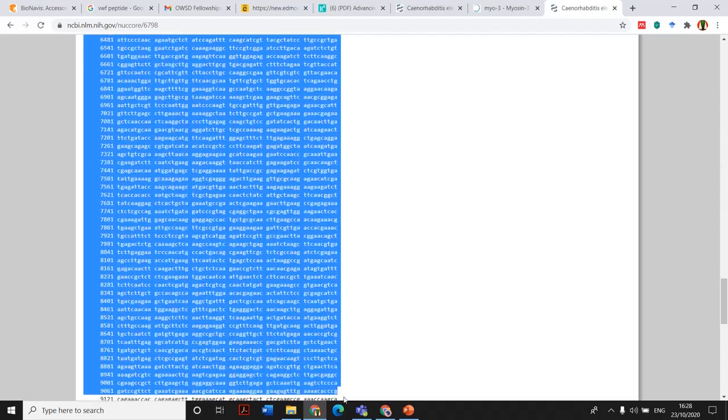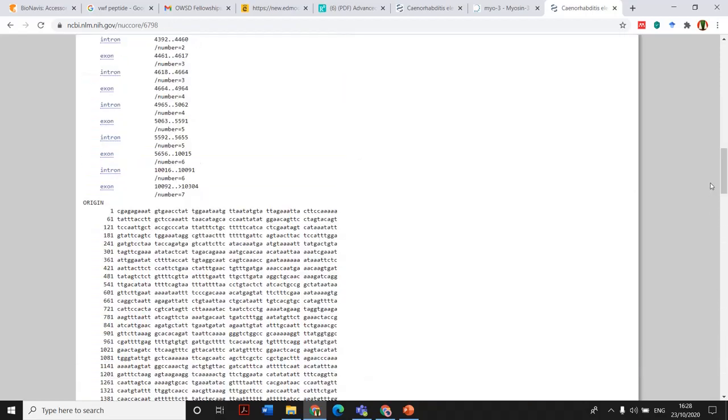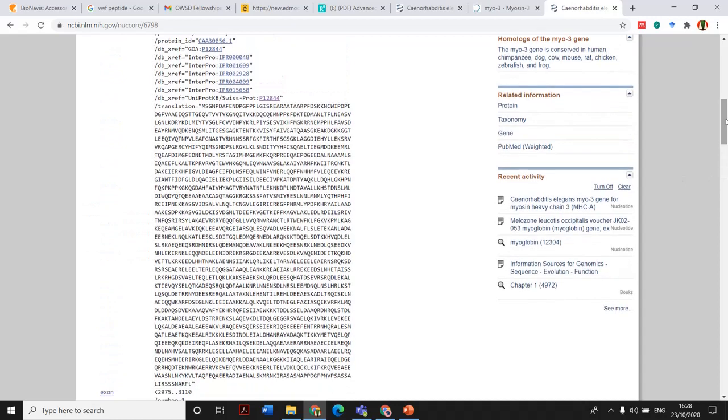So you have both. And there are tools where you can just copy the base sequence, and it will give you the corresponding amino acid sequence. So that's about it.